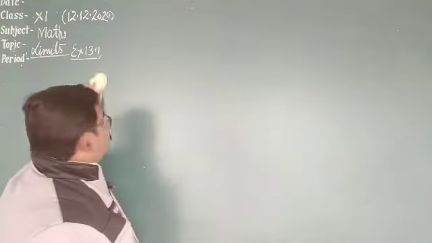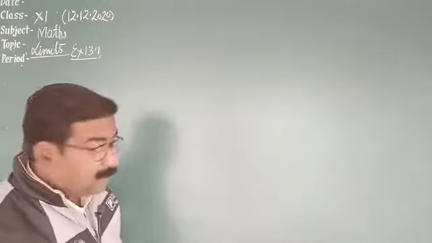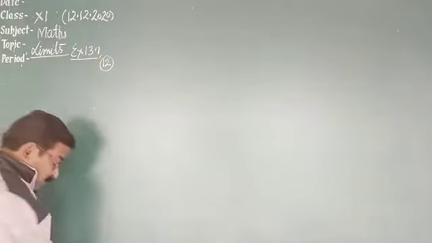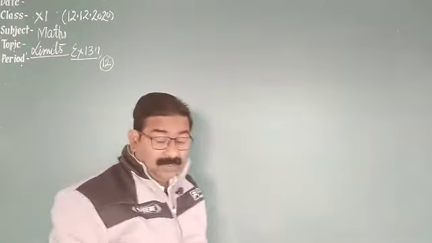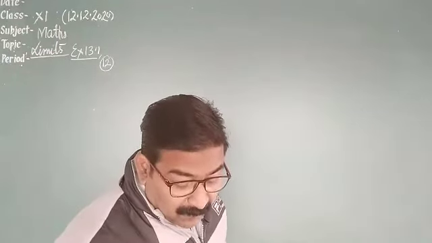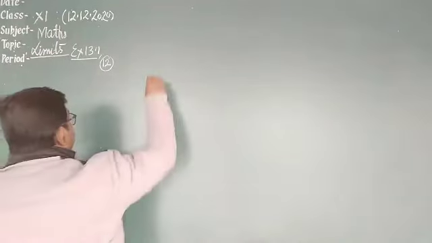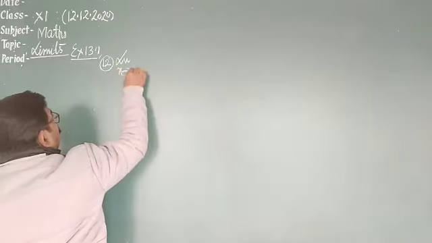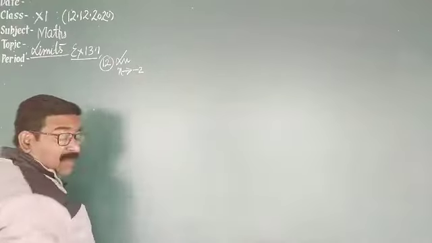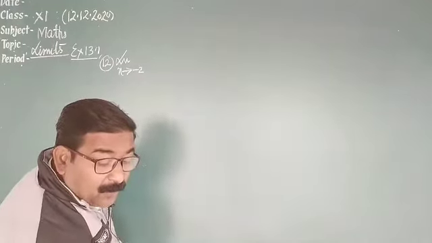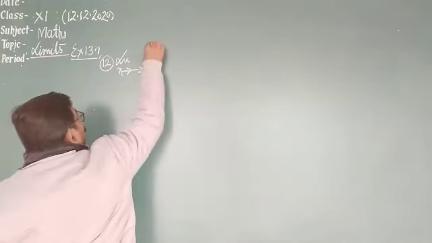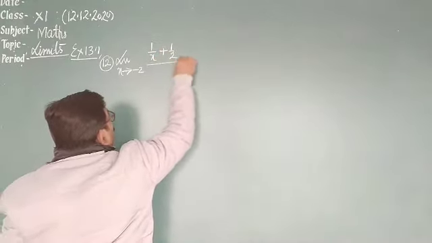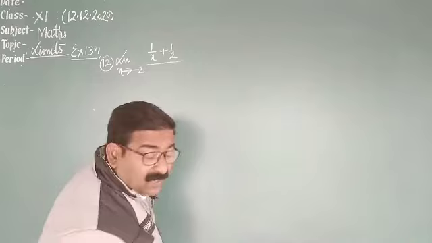See question number 12. In the 12th question we are given limit x tends to minus 2, 1 upon x plus 1 upon 2, upon 2 plus x, or x plus 2.